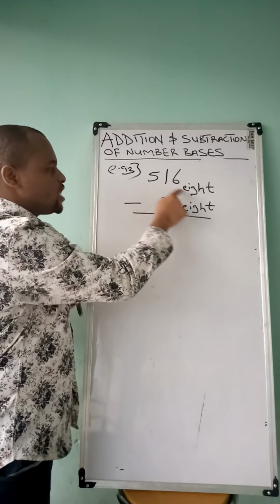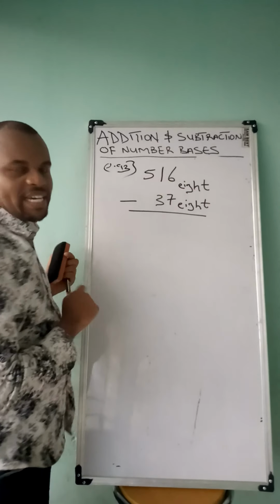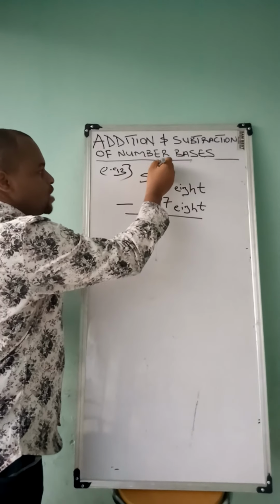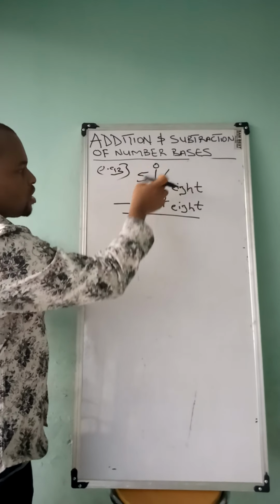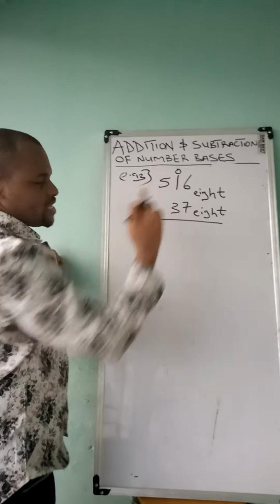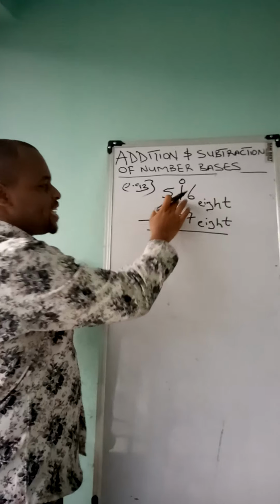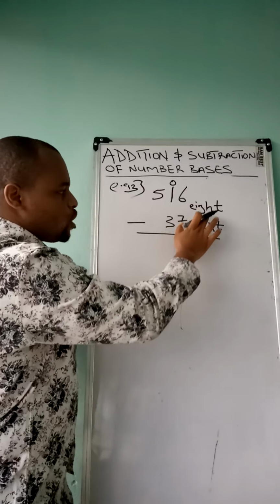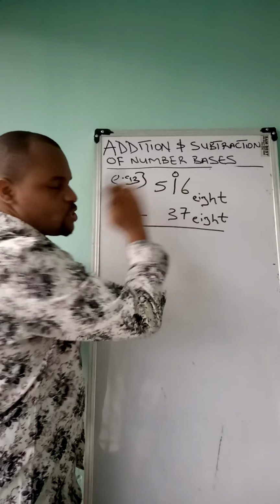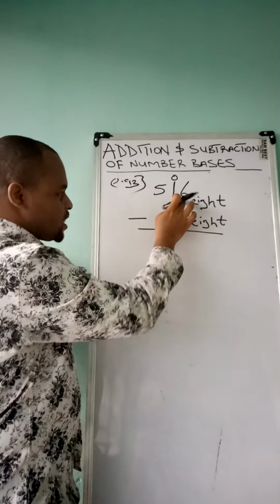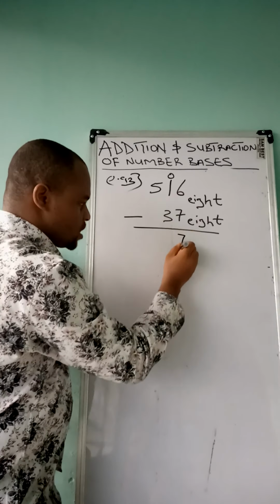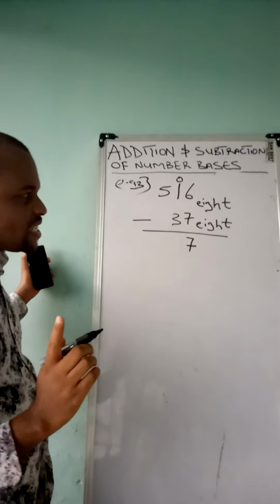So now if I borrow this one, it becomes what? 8. As I'm borrowing this one, here will remain 0 because this one goes off. Now it is not 16, you are not working in base 10, you are working in base 8. So this one that I borrow becomes 8. 8 plus 6 is what? 14. 14 minus 7 is what? 7. I hope it is clear.